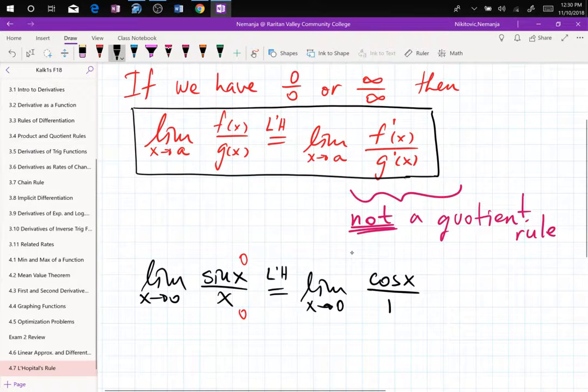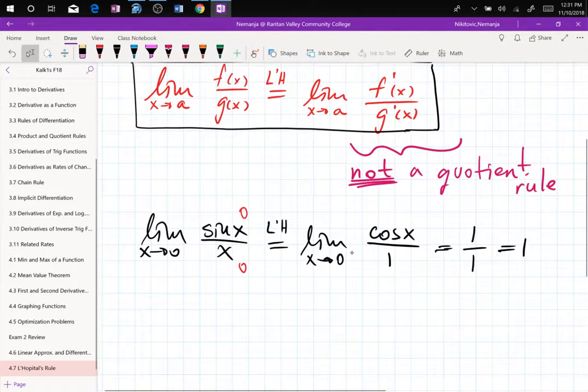Again, not a quotient rule. These are independent derivatives. That's all it is to it. So now, if you plug in your 0, cosine of 0 is 1 divided by 1, and the whole thing is 1, as you were asked to memorize back in chapter 3. So now when you ask why, here is why. And the answer is L'Hopital's rule.